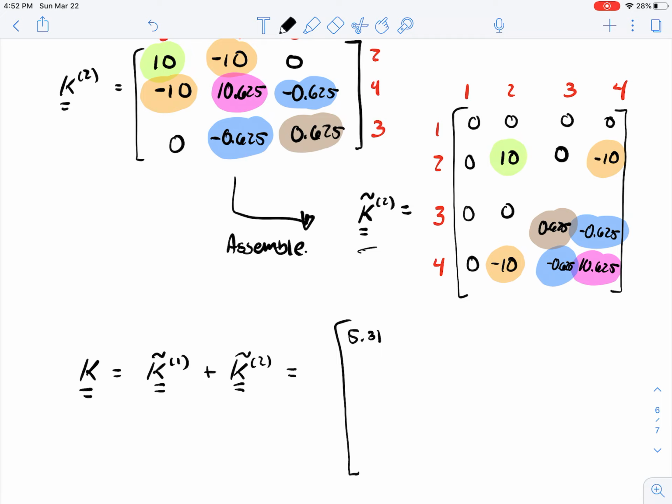So this is 5.31, minus 0.625, minus 4.68, 0.